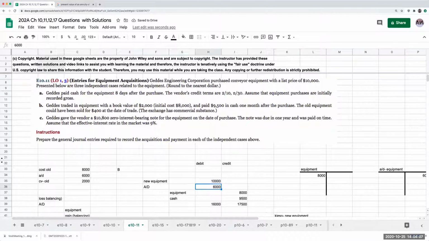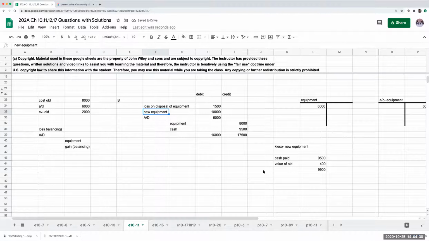Now, what I do agree with the book on is that when you have this part right over here, my equation does not balance. I'm off by 1,500. So in this case, this is going to be a loss on disposal of equipment. That's what I would call it.